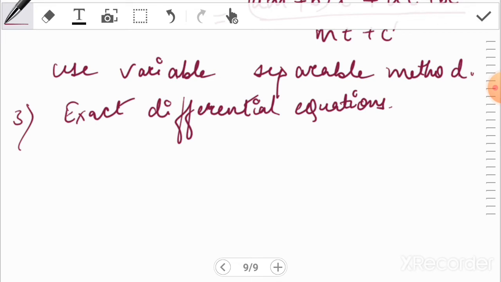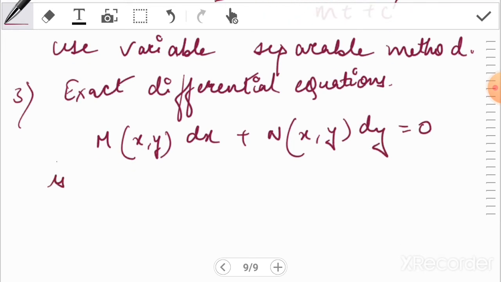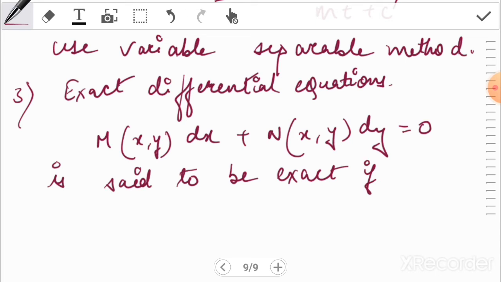A differential equation of the form M(x,y) dx plus N(x,y) dy is equal to 0 is said to be exact if its left hand member is the exact differential of some function u, that is, M dx plus N dy is equal to du.